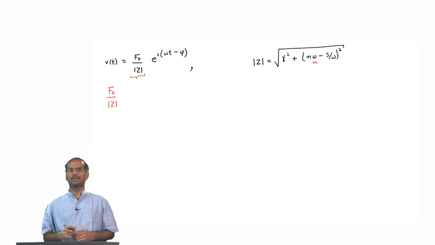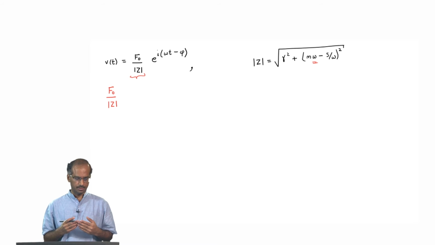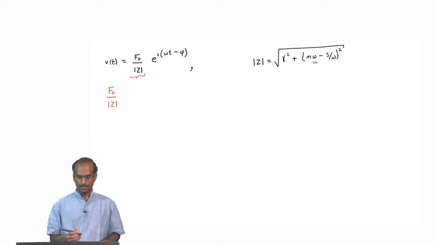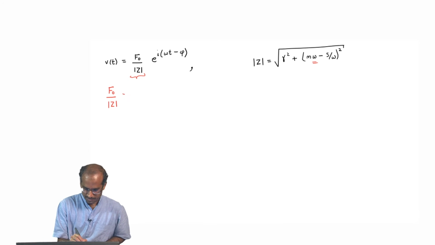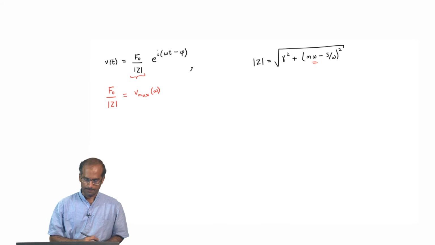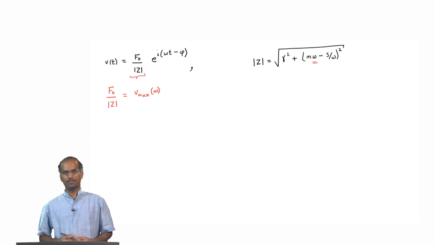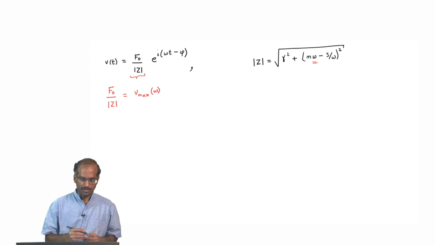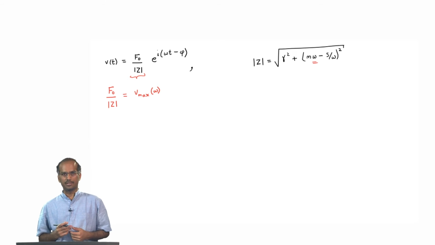So, in that case the question would be, how does the amplitude of velocity, the maximum of that, behave as a function of the driving frequency. So, if this is my V max, how does V max change as a function of driving frequency omega? So, that is the question, and it is very easy to see from the expression for mod z that the maximum value of amplitude will come when the denominator is minimum.